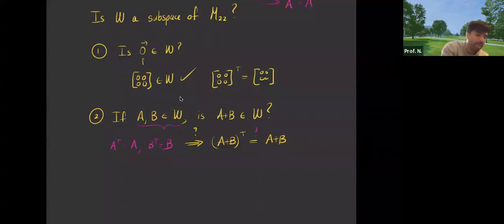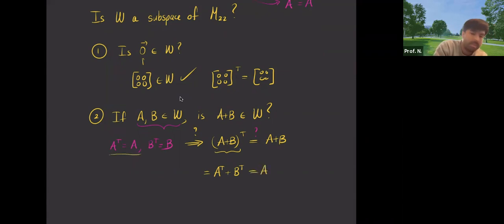Well, if you remember one of the properties of transpose: A plus B transpose equals A transpose plus B transpose. Do you guys remember that? But then what is A transpose?